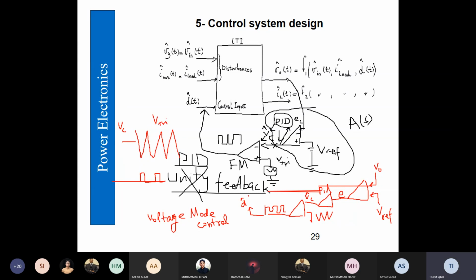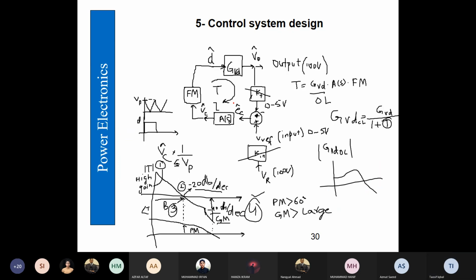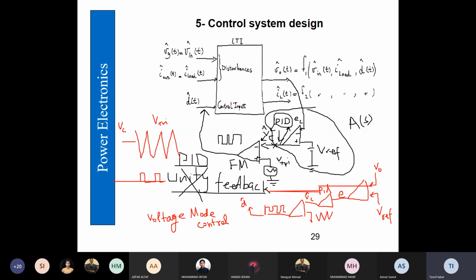And then this generated PWM signal is given to the power stage. Okay? So let me first show you the process in MATLAB, and then we move on to the requirement of control system.